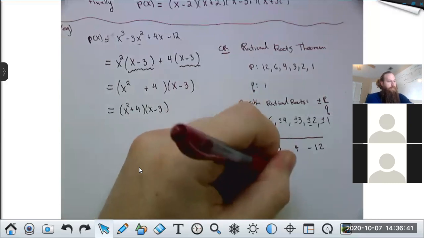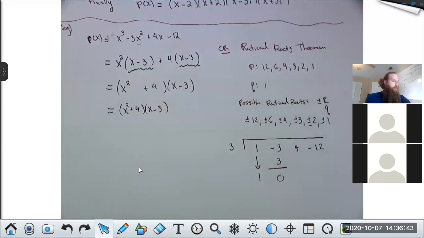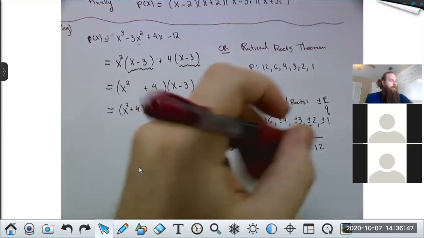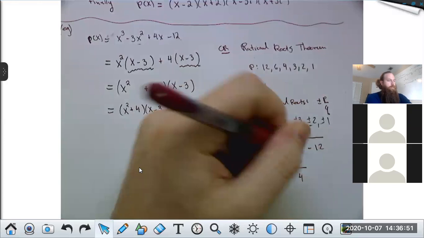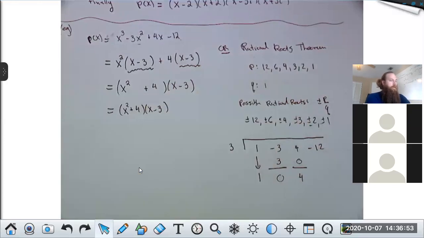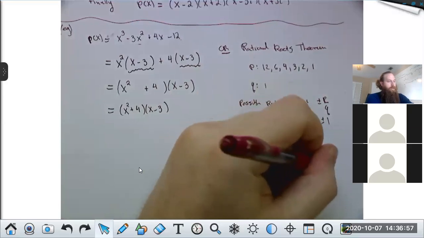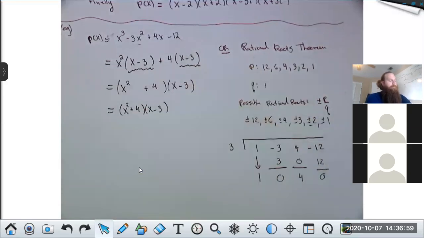Then we add these. 3 plus negative 3 is 0. Multiply these. 3 times 0 is 0. Add these. 4 plus 0 is 4. And then I multiply these. 3 times 4 is 12. Negative 12 plus 12 is 0.